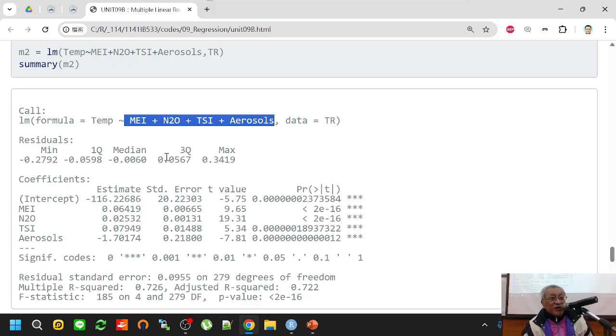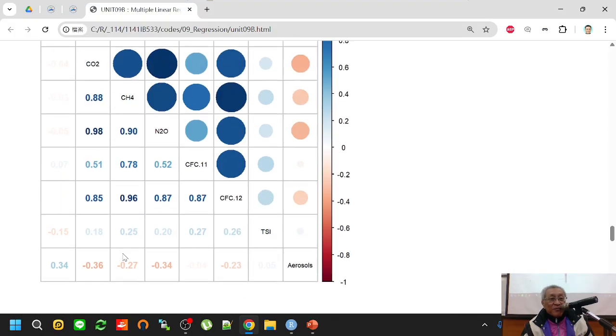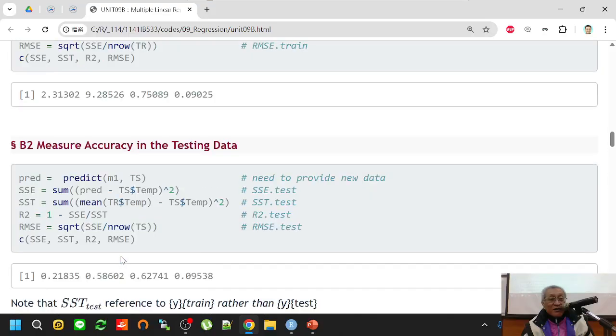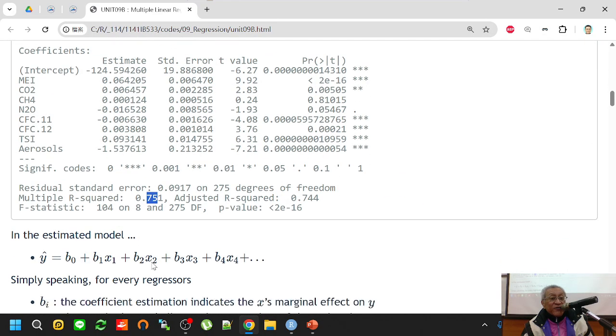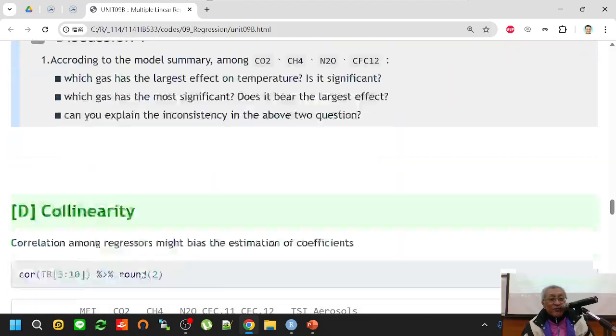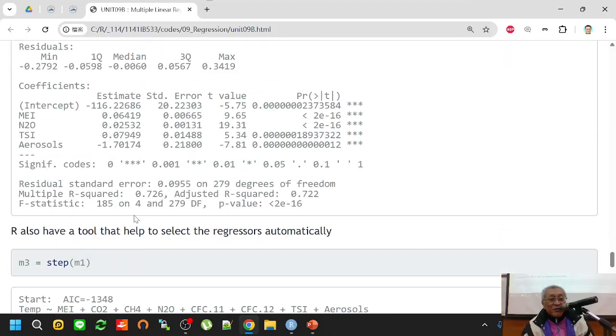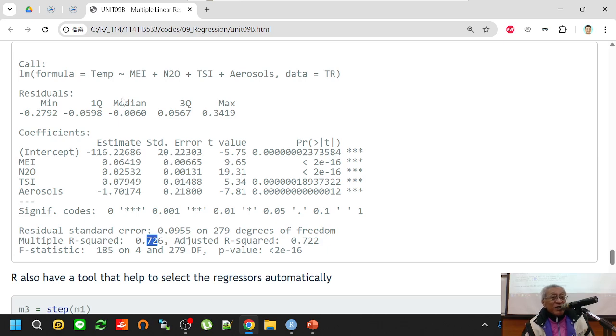However, when you have fewer x, then the model accuracy dropped from 0.75 to 0.72. You see that?